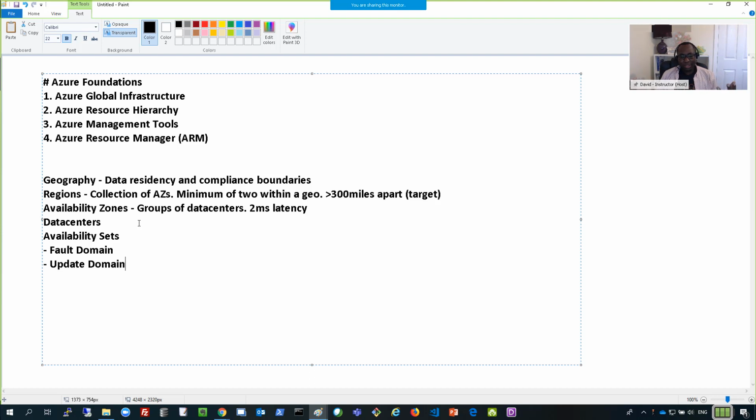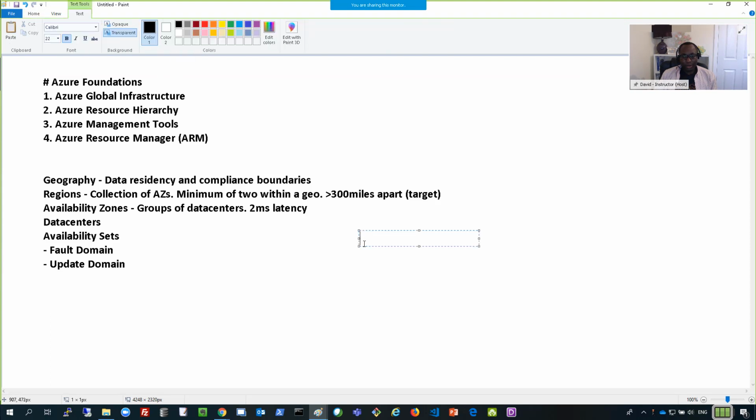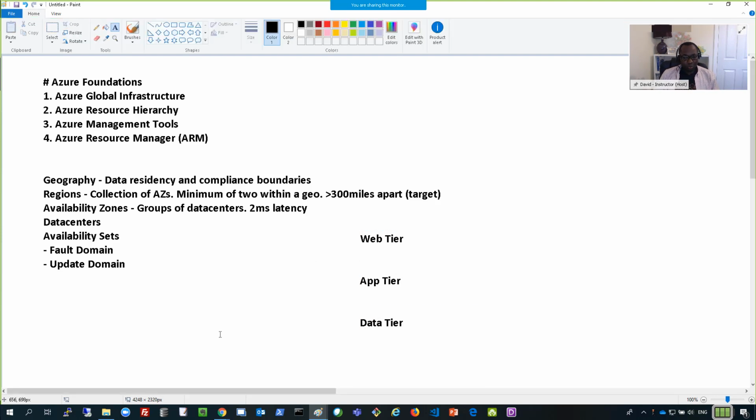So the best practice with that is for every tier of your application. So let's say you have a 3-tier application where you have a web tier, maybe an application tier, and you have a data tier. Number one, let me say what you don't want to do.